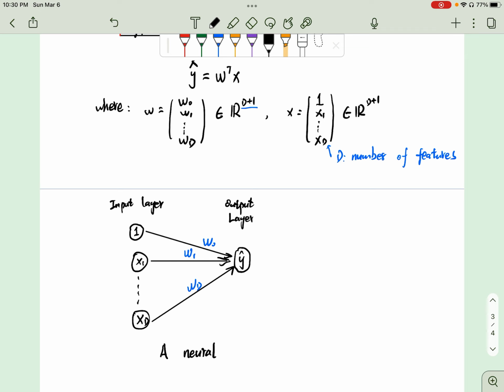So here I can write a sentence like this. Without activation function, one neuron is actually doing linear regression. You may not be clear now what an activation function is.